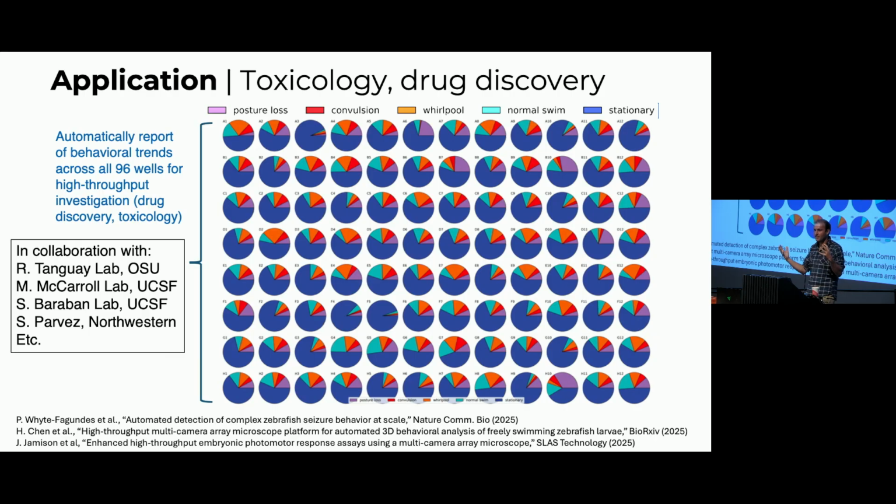And then we can just plot these behavioral categories for each well, for example, in that 96 well plate. And yeah, a lot of our collaborators are really enjoying this and gaining new insights into behaviors that are associated with seizures or immunotoxicology effects, things like that, that otherwise weren't possible without this imaging system.